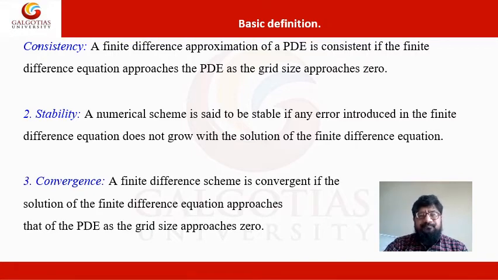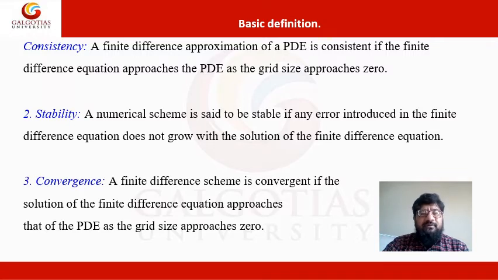Stability. Of course there are some errors when we approximate a derivative. That error may be because of discretization error, because we have to truncate the series to generate the formula for the finite difference equivalent of a derivative.